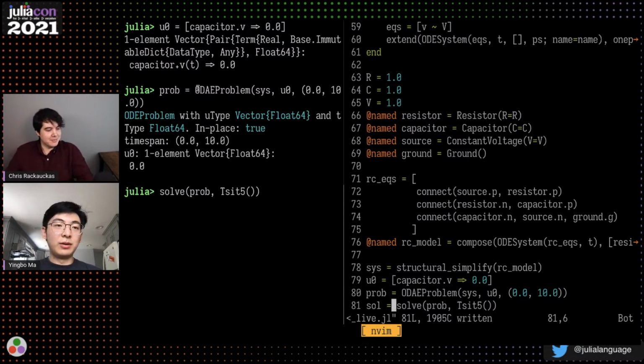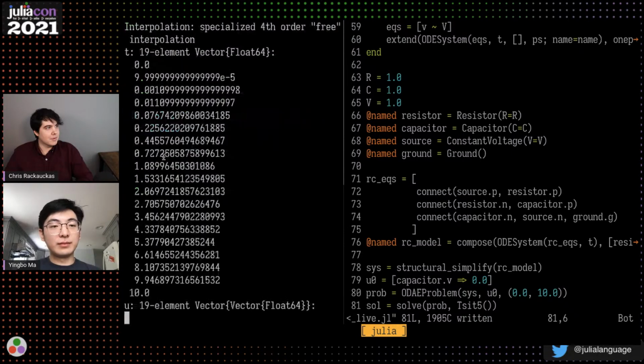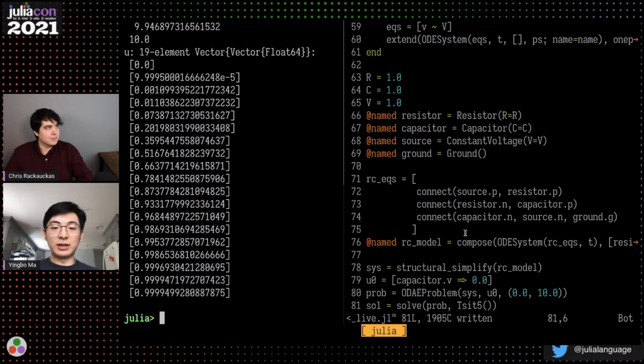See, with the ODE problem, there is only one state left. And it's solved.